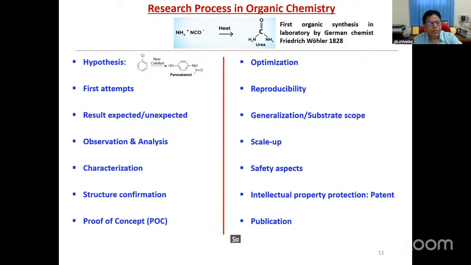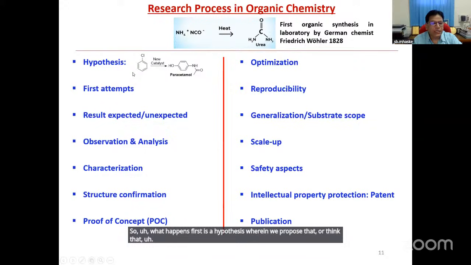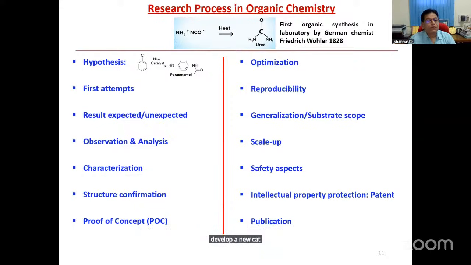So what happens first is a hypothesis wherein we propose or think that we can do a particular reaction. I have just given the example of paracetamol here, and let's say we want to develop a new catalyst which can give paracetamol directly from chlorobenzene in a single step.